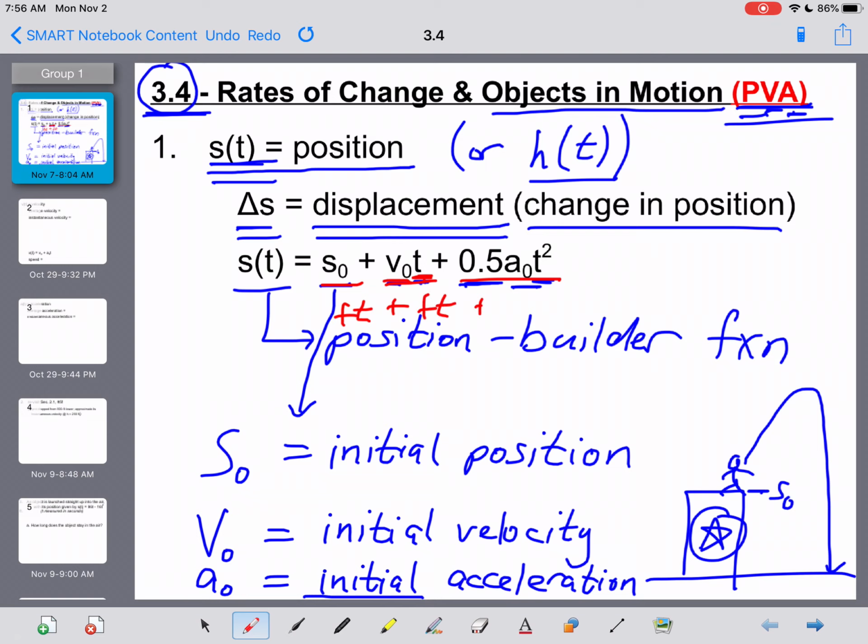Now for the third term, we've got a 0.5 times an acceleration times t squared. So our acceleration here would probably be measured in, let's say, feet per second squared, but then that gets multiplied by t squared, which would be seconds squared. So feet per second squared times seconds squared is just going to leave you with feet again.